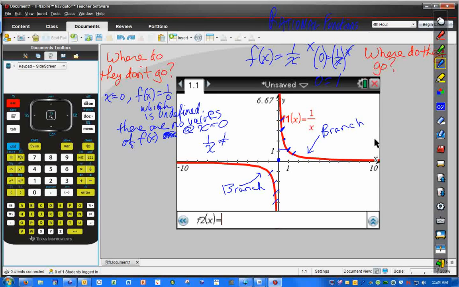Is 1 equal to 0? No, that's false. Therefore, f of x can't equal 0. And that's what we get here. There's actually a line here at f of x equals 0.